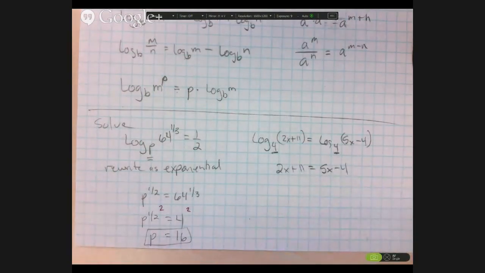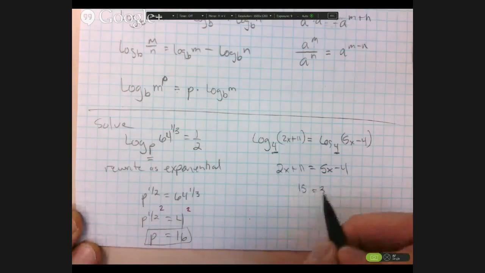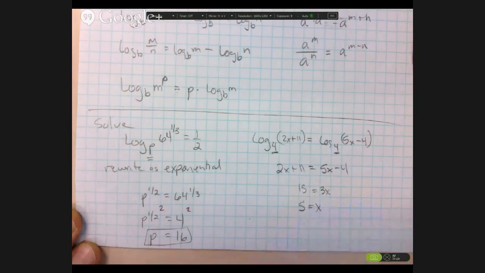Can you solve that equation? What is that? It is. You're right. So add 4 minus 2, x is 5. Okay. So far, are you okay with that?